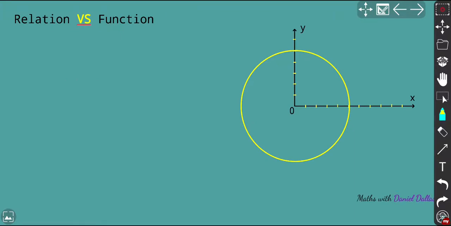And finally, what I want to tell you is the difference between a relation and a function. You heard function, function, function, but at A level, you're going to hear a new word, relation. Right now, make sure you make a clear difference.